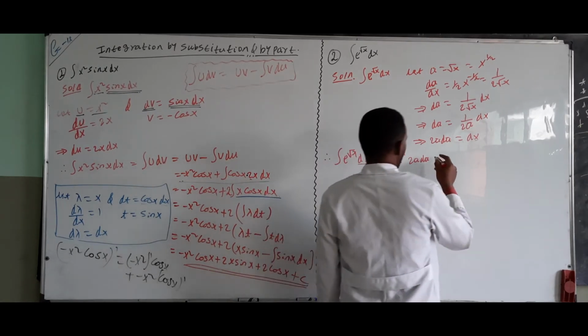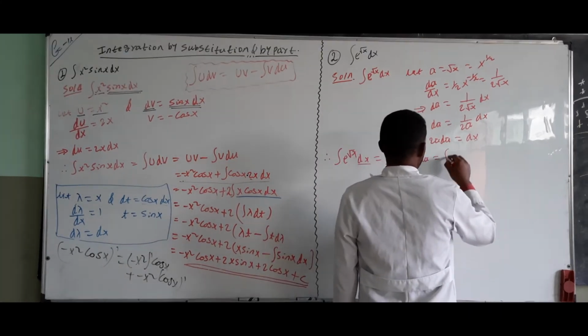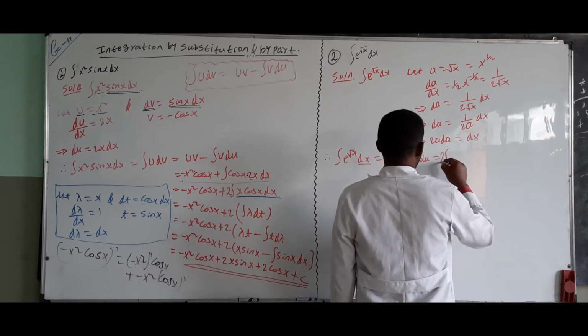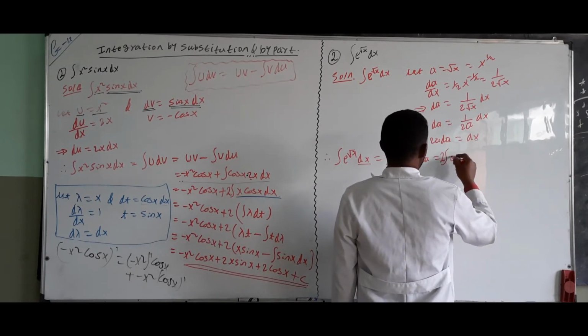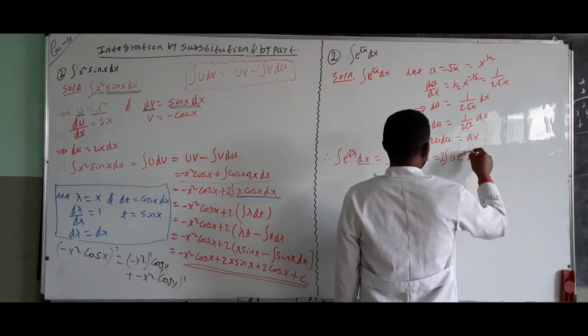This is equal to the integration of 2 times a times e to the power of a dA.